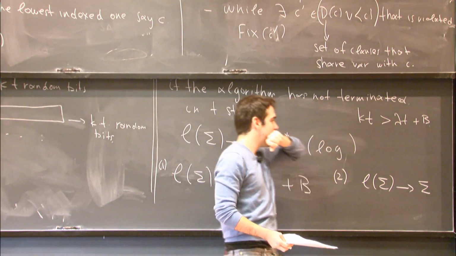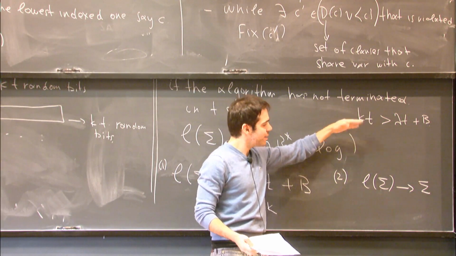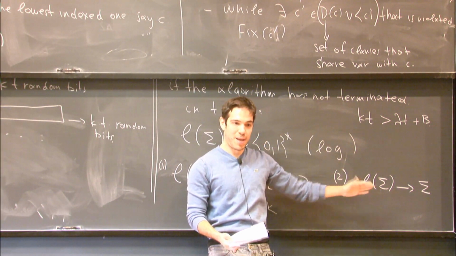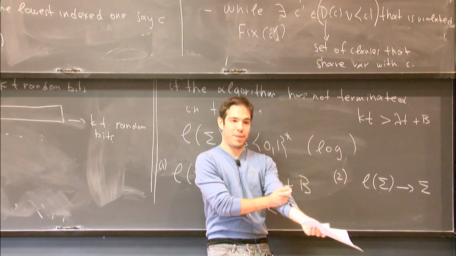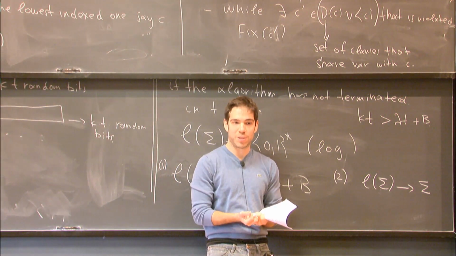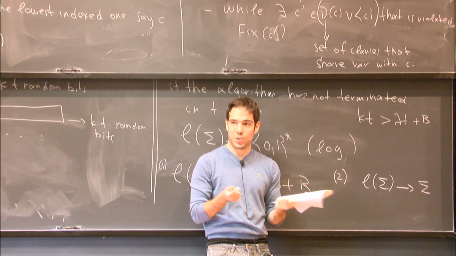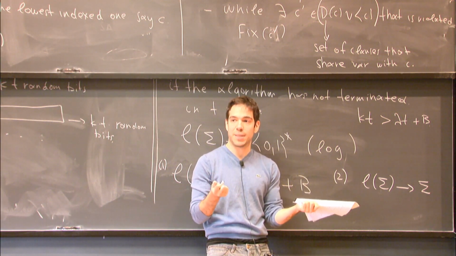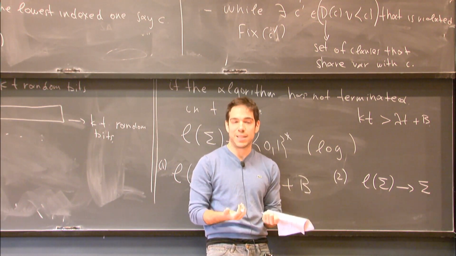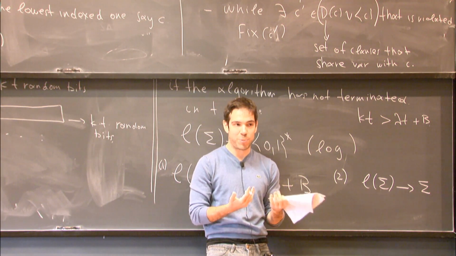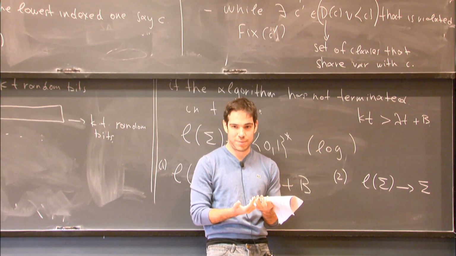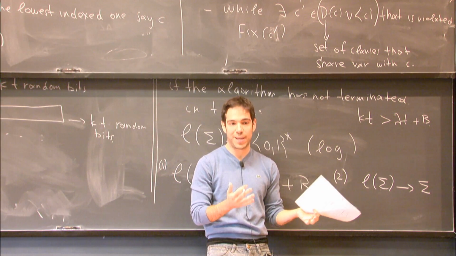But by the second property, this means I have found a way to losslessly compress a string of kt random bits using less than kt bits, which is information theoretically impossible. Does that make sense? So the algorithm has to stop.